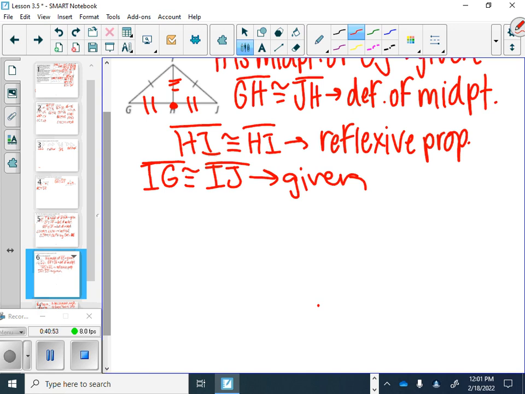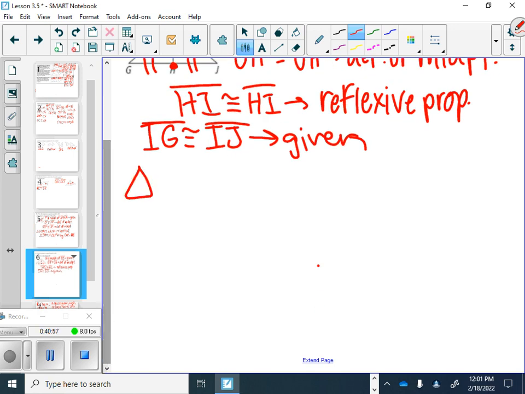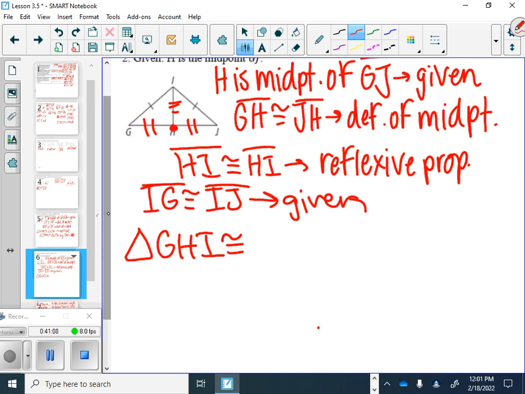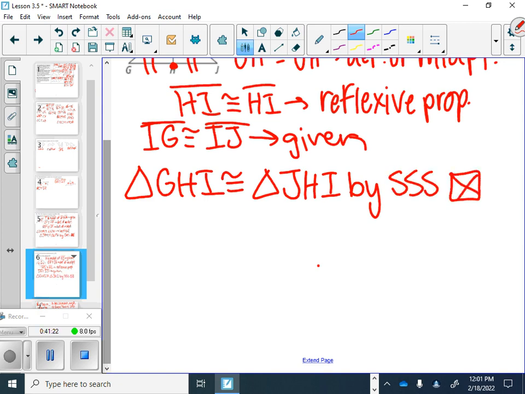Alright, now, have I listed everything, all 3 sides? Yes. So I can say, if I name this first triangle GHI, how do I name the second one? Yeah, GHI. So I started with G, so I gotta follow this in here. JHI. Okay, so GHI is congruent to JHI by side, side, side.